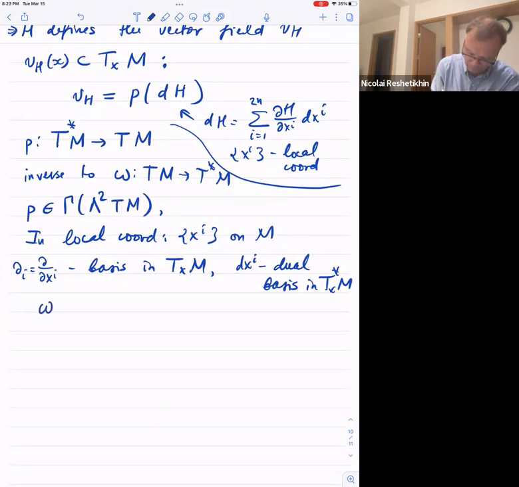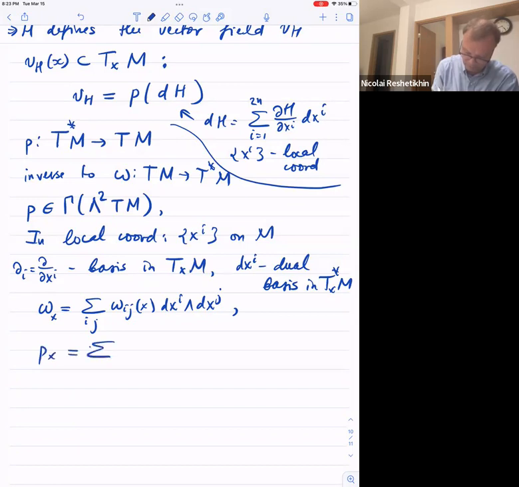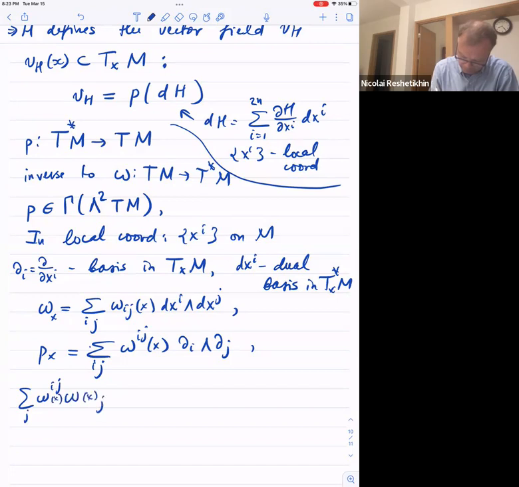And omega, if you write it in terms of this basis, is omega_ij(x) dx_i dx_j, and then P(x), if you write it in terms of coordinates, is this omega^ij d_i d_j, where omega^ij is the inverse matrix to omega with low indices, so that omega^ij omega_jk equals delta_ik.